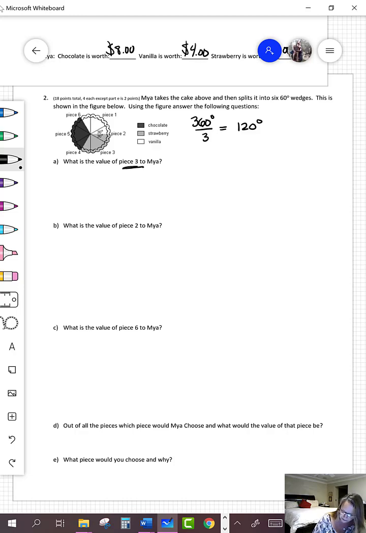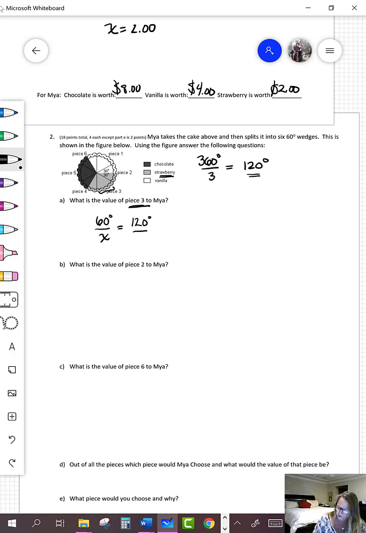Piece 3 in here is all strawberry, but that is only 60 degrees. And so we want to figure out the 60 degrees, how much is this worth in her eyes, when she believes 120 degrees, we found here, was equal to $2 in her eyes.